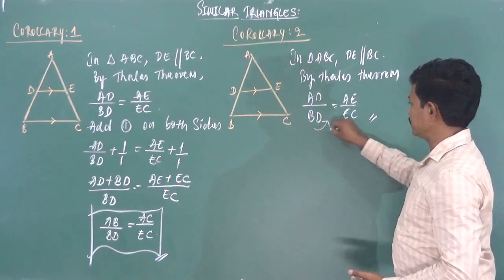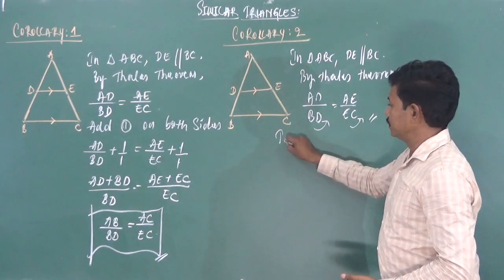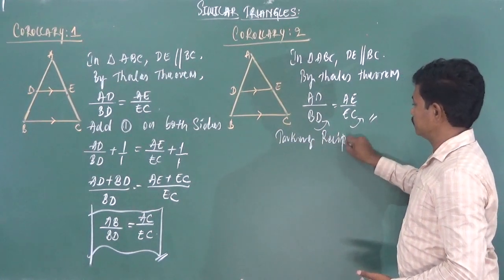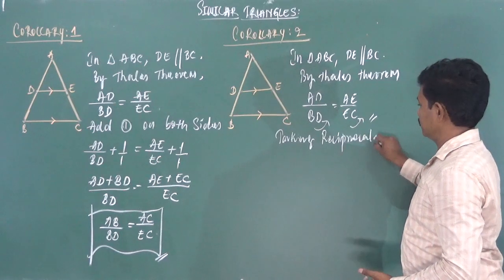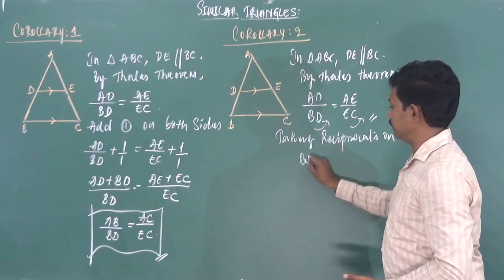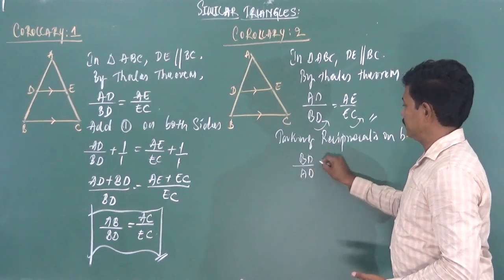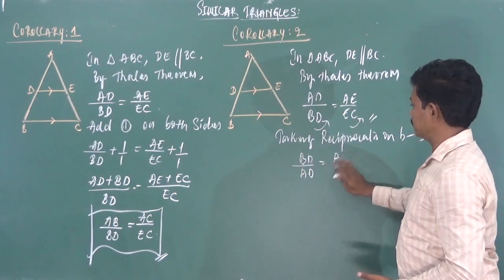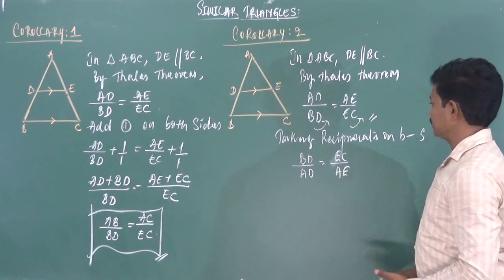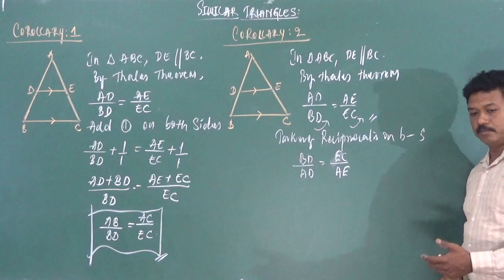So now let us take reciprocals on both sides. So that becomes BD by AD is equal to EC by AE. So this is by taking reciprocals on both sides.